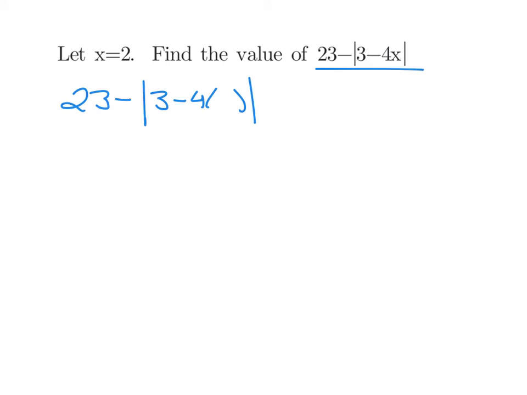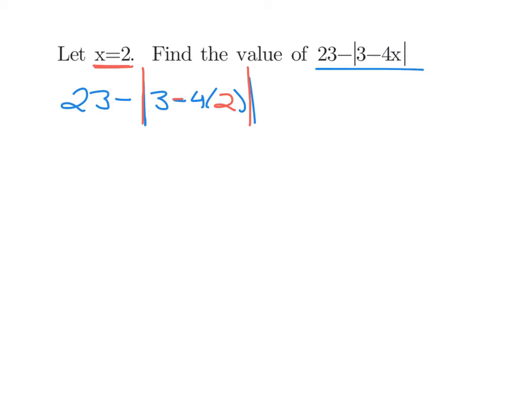We're going to take the x out, and in its place substitute the value for x, which is 2. Now we go into simplifying the expression, and our first step in the order of operations is to simplify what's inside the grouping symbols. So we're going to simplify what's inside of these absolute values.